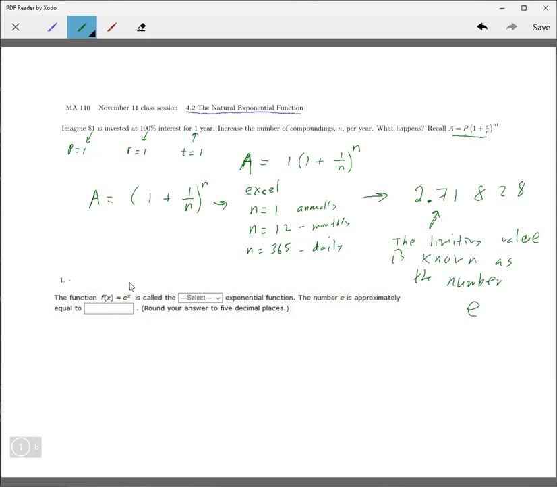Here it is right here: e to the x, where this number e, this limiting value, is called the natural exponential function. The number e is approximately 2.71828, rounded to 5 decimal places.